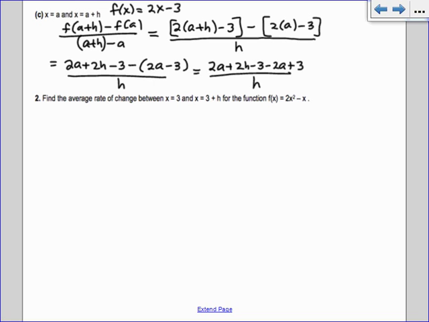And when you have these problems that have h in them, a lot of things are usually going to cancel. So let's see if anything reduces out. Do you see how the 2a and the negative 2a go away? And we see the negative 3 and the 3. So we end up with 2h over h, which is 2. Surprise, surprise, right? I know, you're shocked.